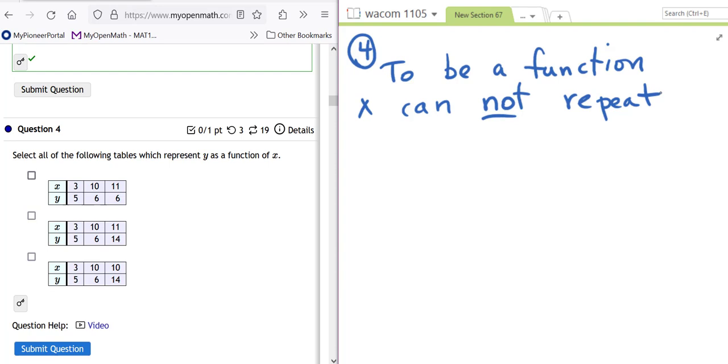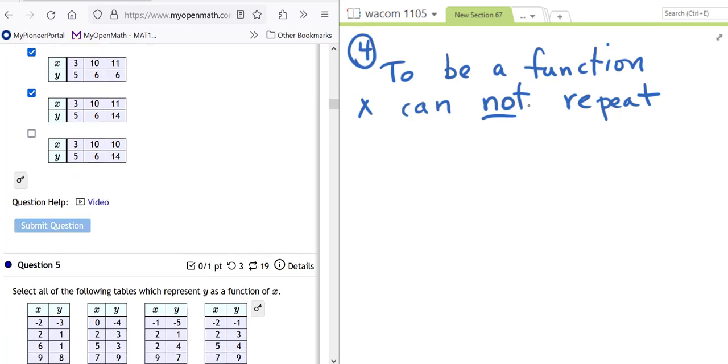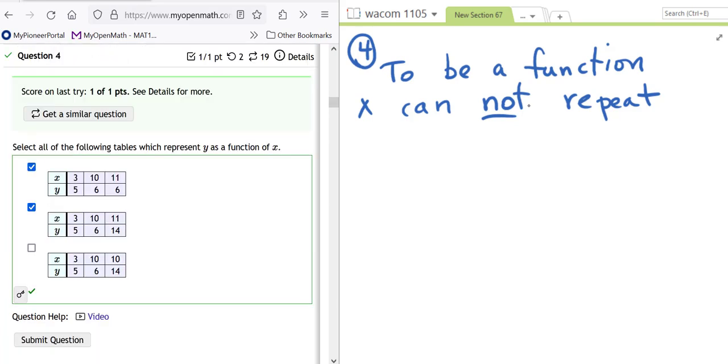This has 3, 5, 10, 6, 11, 6. We just have to make sure x does not repeat. This is 3, 10, and 11. Those are all different, so the first table is good. This is 3, 10, 11. That one's good. This one is not a function because the 10 repeats. And that's all you're looking at with those.